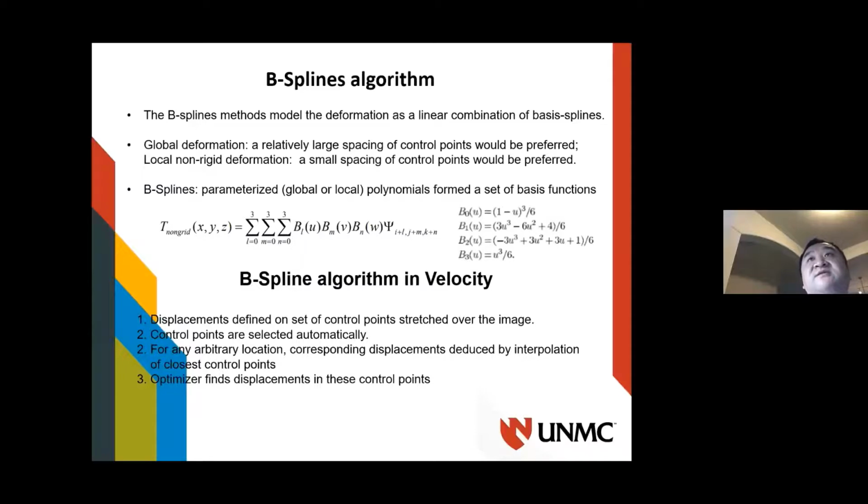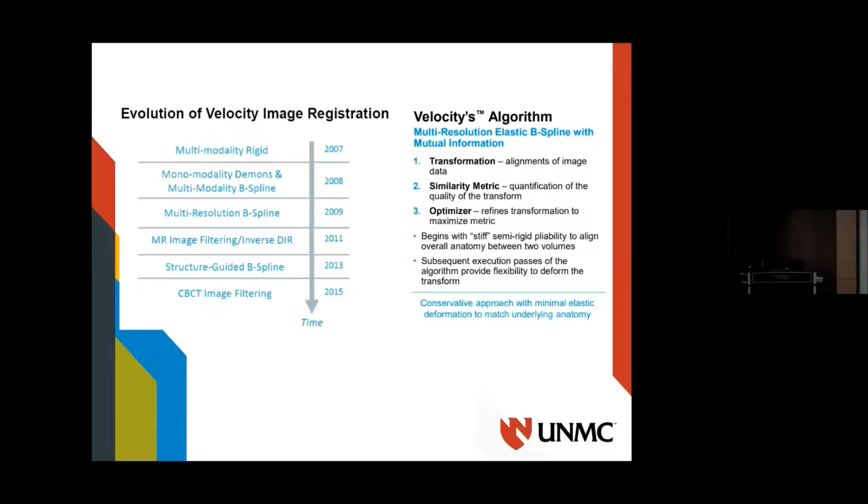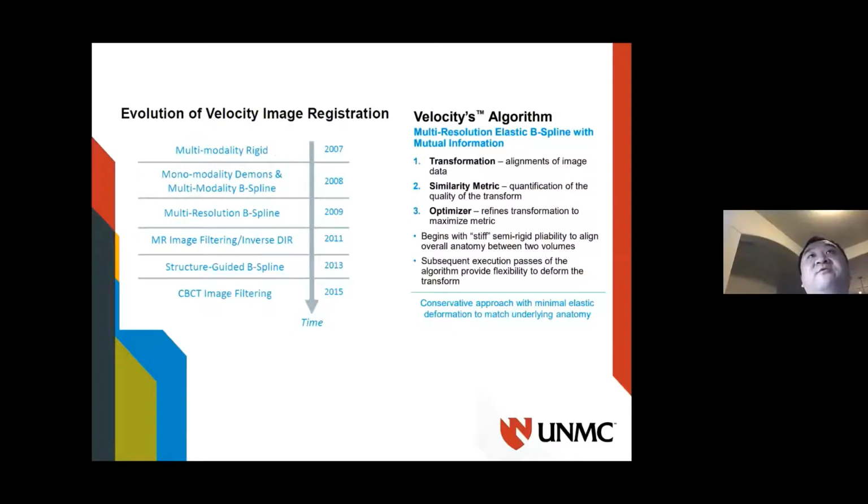So this method is more efficient and quick. That's copied from the manual of Velocity. That's the development timeline: the structure-guided transformation, which was presented by Megan, was introduced in 2013.